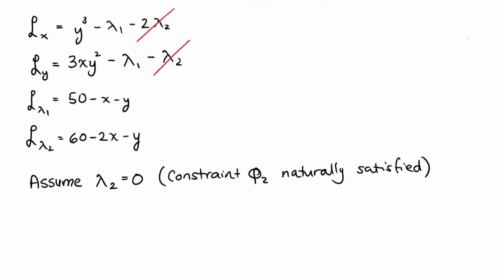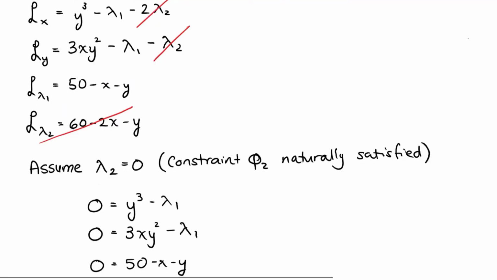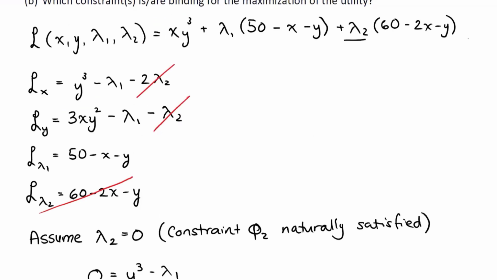And now I'm going to set up my system of equations, setting all the derivatives equal to 0. So 0 equals y cubed minus lambda 1. 0 equals 3xy squared minus lambda 1. And 0 equals 50 minus x minus y. And this last derivative wouldn't exist because lambda 2 is equal to 0.